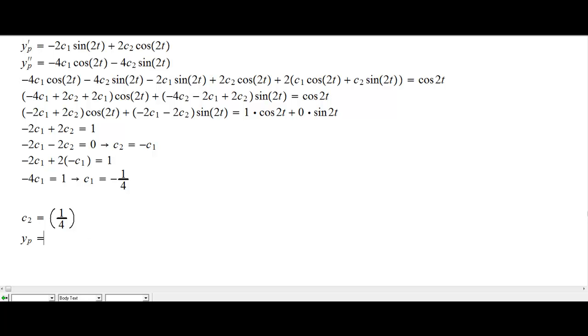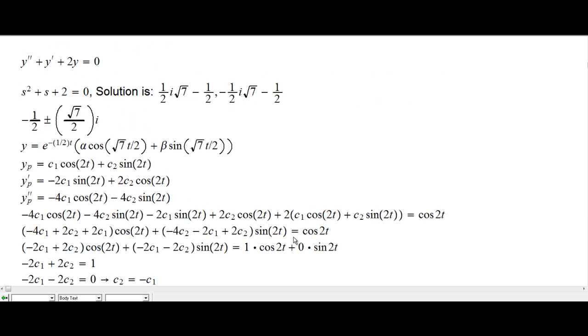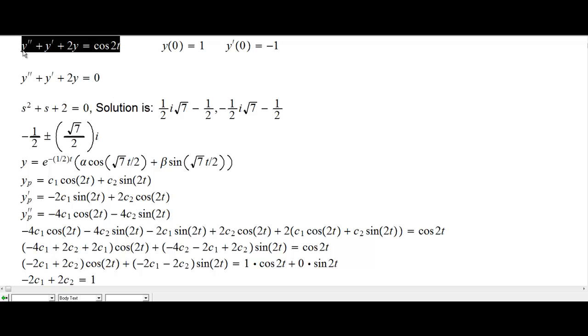That's going to be negative 1/4 cosine of 2t, plus positive 1/4 sine 2t. Very nice. So now what happens is this: if we bring our original equation back, then remember this.